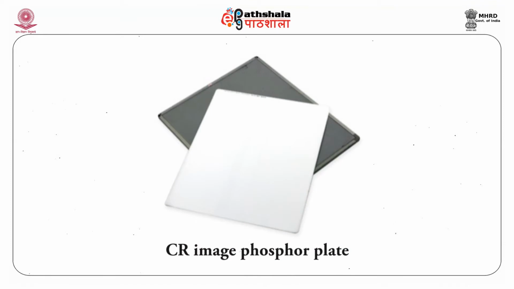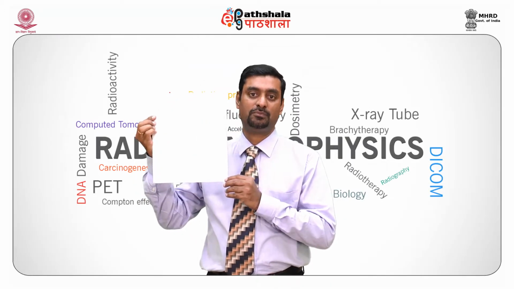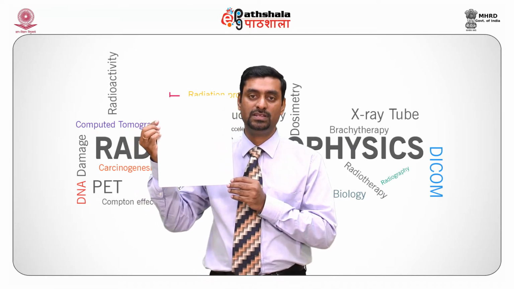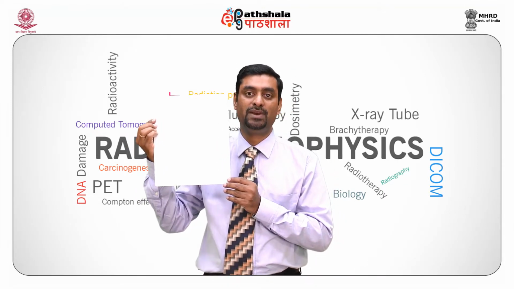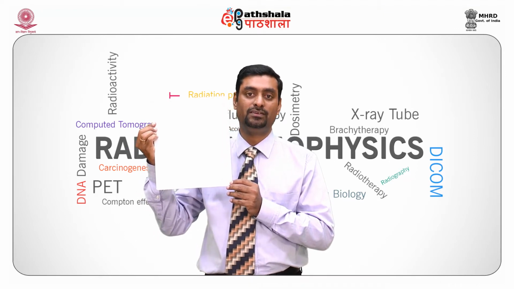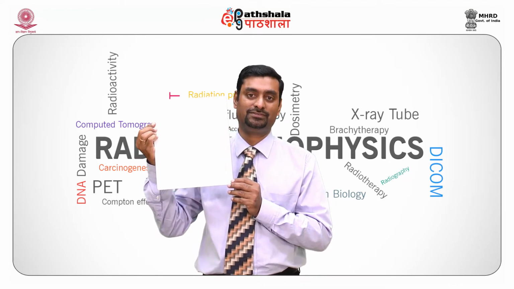As seen in this image, the phosphor plate is taken out of the cassette. This is the image phosphor plate, which contains barium fluorohalides. Specifically, most of the companies manufacture this material with barium fluorobromide doped with europium 2+.